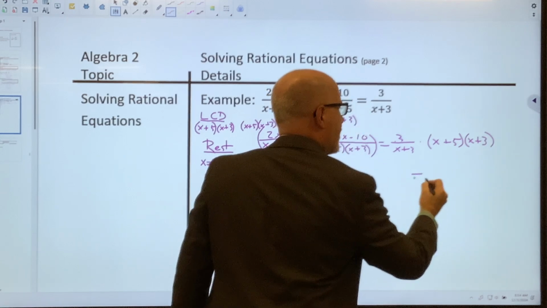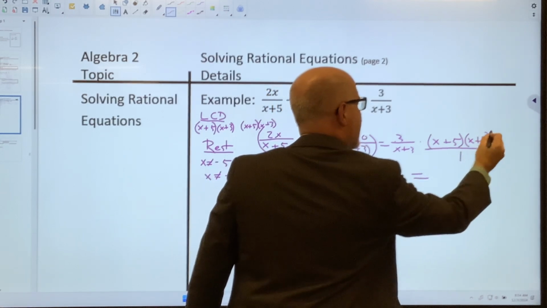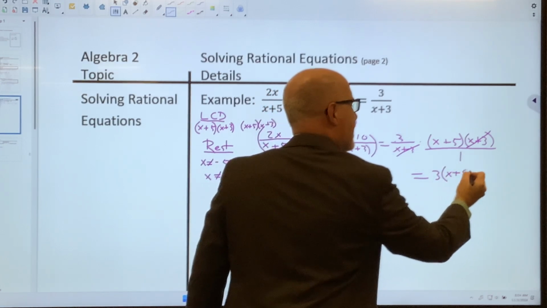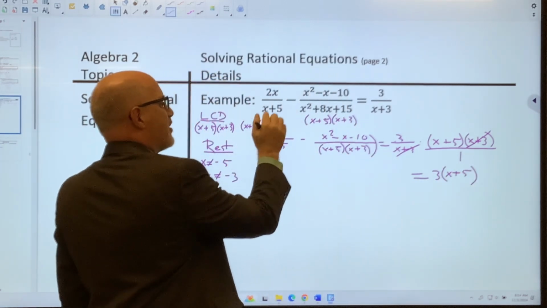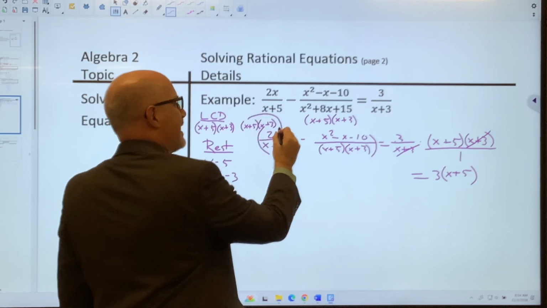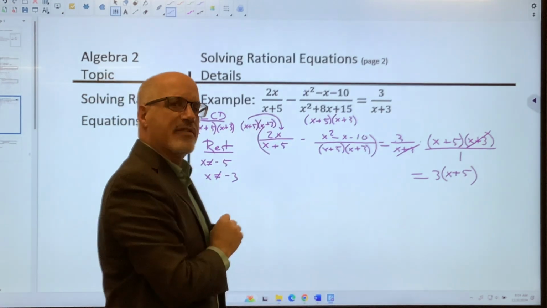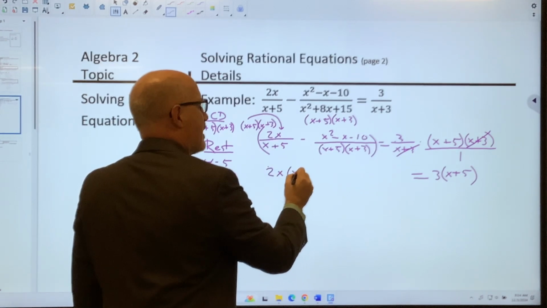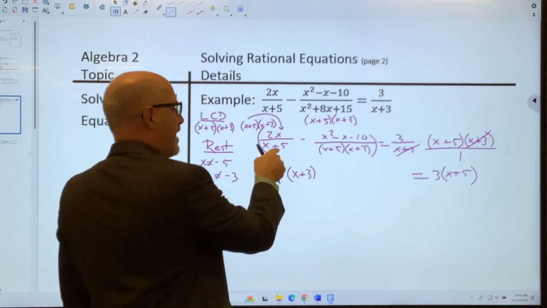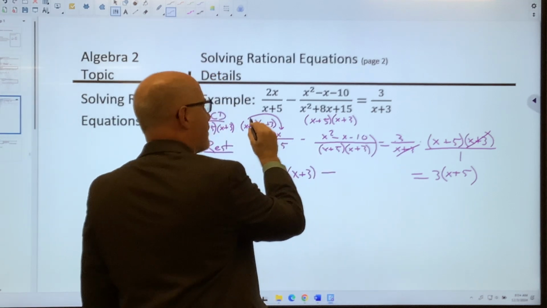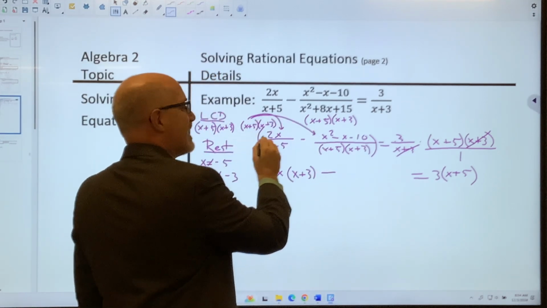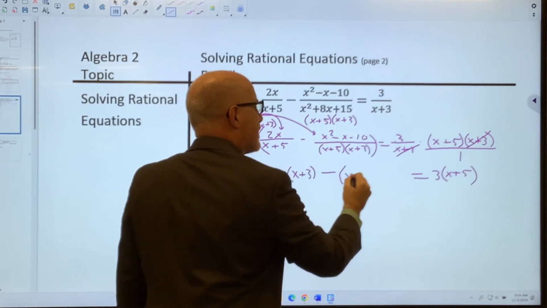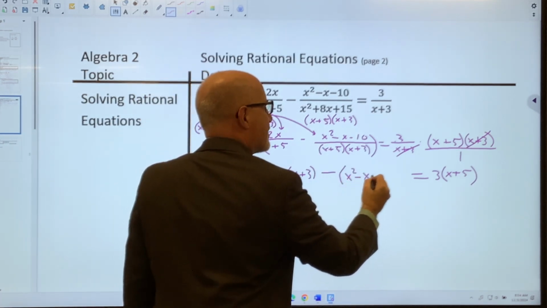Now on this side, notice that the x plus 3's cancel, and so you're left with 3 times x plus 5. Over here, I've got to distribute this through. Distribute it to here, and the x plus 5's cancel. So I'm left with 2x times the x plus 3 because the x plus 5's cancel. Here I'm going to multiply it by this fraction, and the entire denominator cancels with that LCD, so what I'm left with is x squared minus x minus 10.